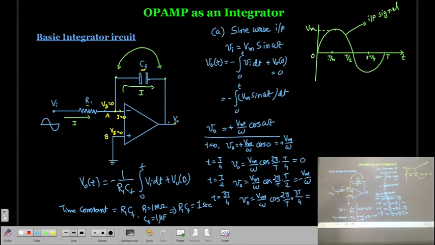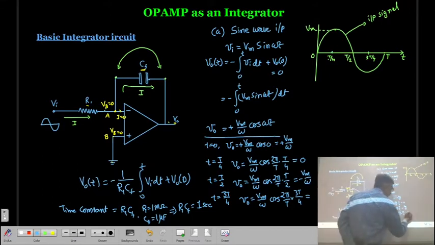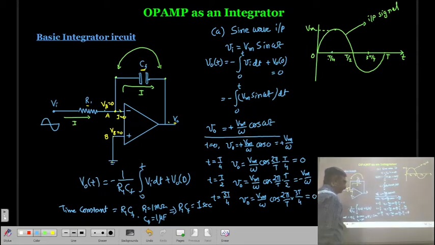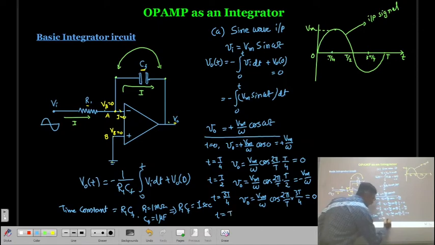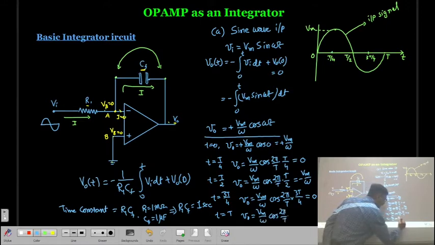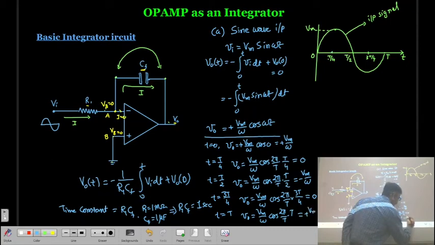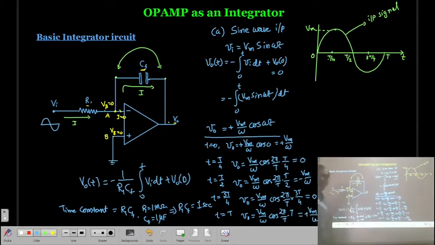T will be cancelled, giving 6 pi by 4, so it comes out to be 0, correct? And finally, at t equal to T, the output voltage is Vm by omega cos(2 pi by T into T), and cos 2 pi is 1, so we have Vm by omega.